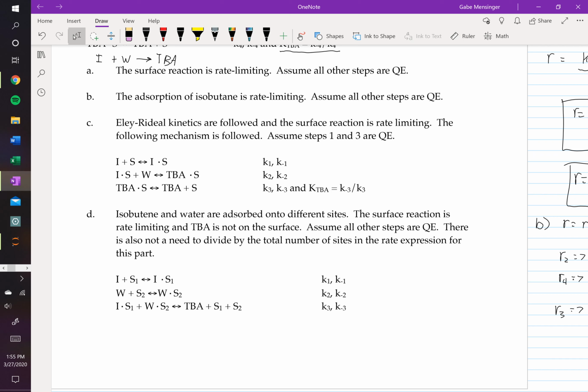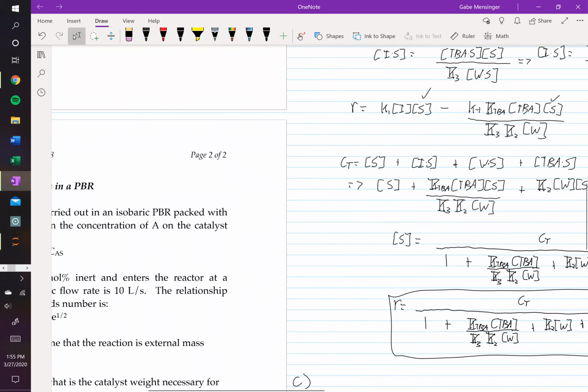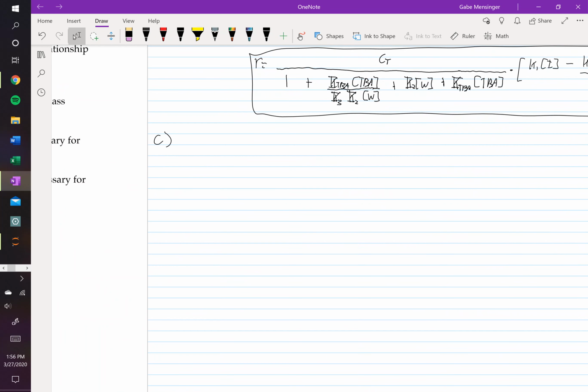And we are told that the surface reaction is rate limiting, so the step that's actually producing our TBA is rate limiting. In that case, that is step 2. Again, we'll make the same assumptions that theta I for all is equal to 1. So, because we know that the surface reaction is rate limiting, we know that R equals R2.